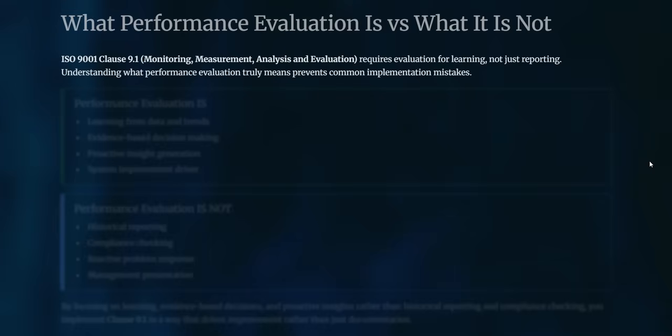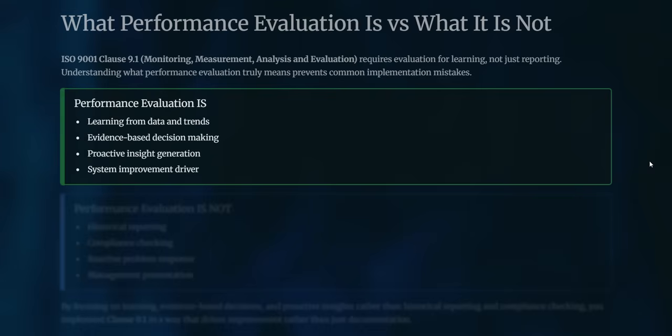First, let's look at what performance evaluation is. Performance evaluation is learning from data and trends. Performance evaluation is evidence-based decision making, and performance evaluation is proactive insight generation, and performance evaluation is a system improvement driver.